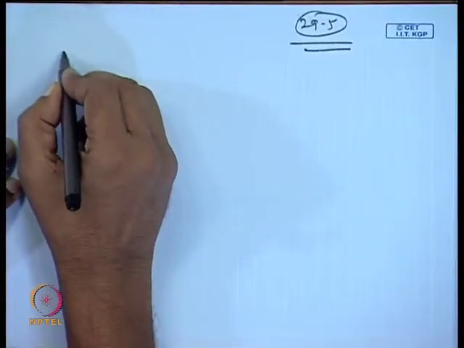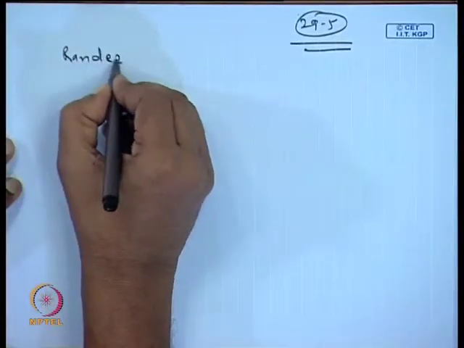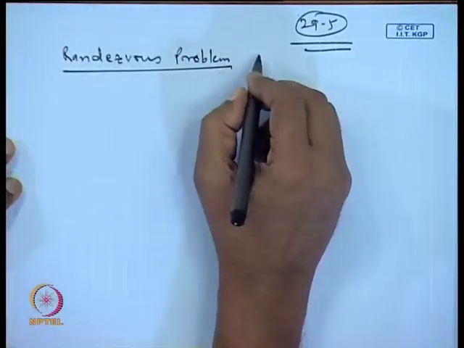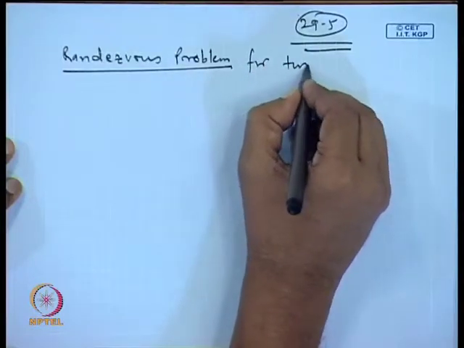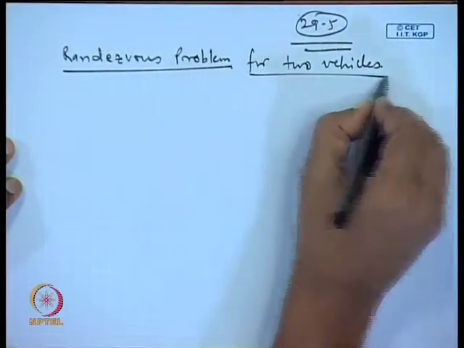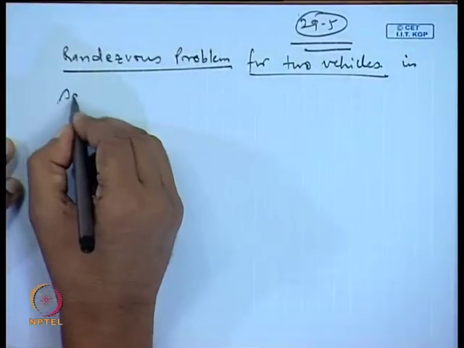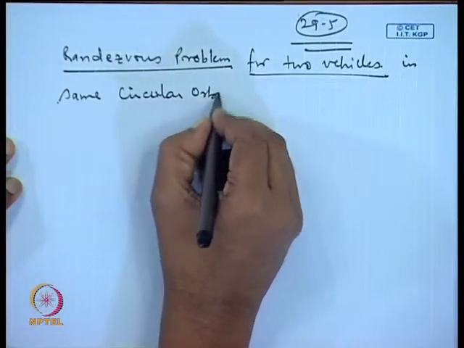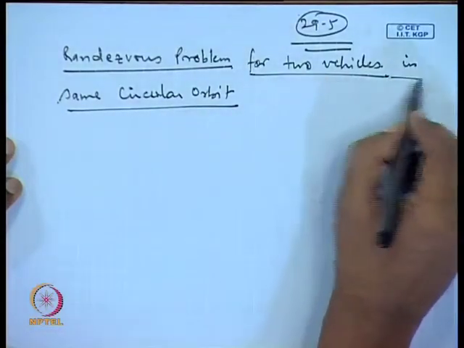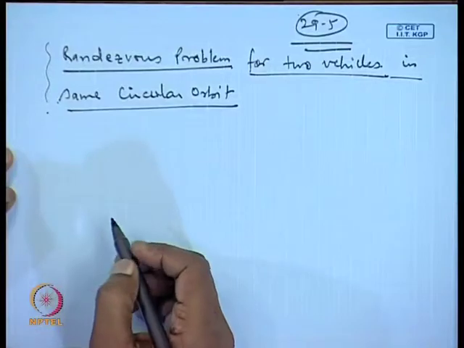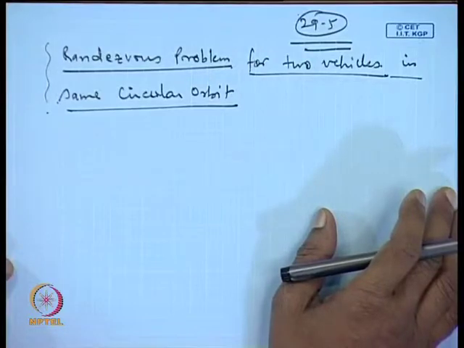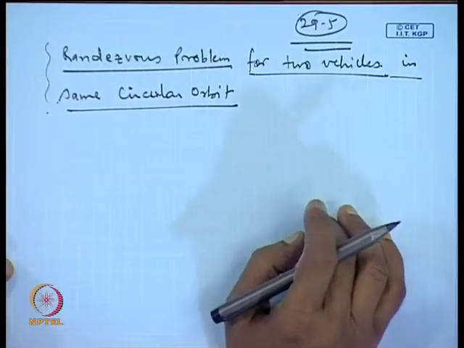So, for the rendezvous problem, we have the rendezvous problem for two vehicles in the same circular orbit.